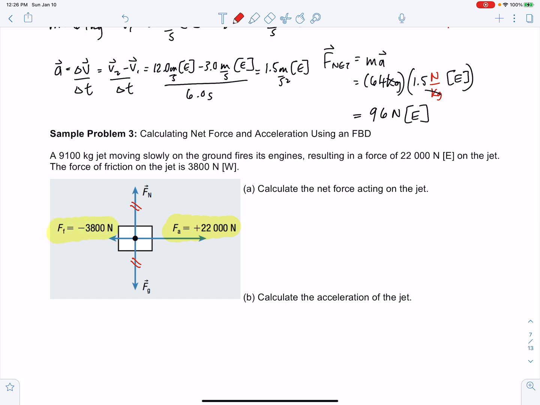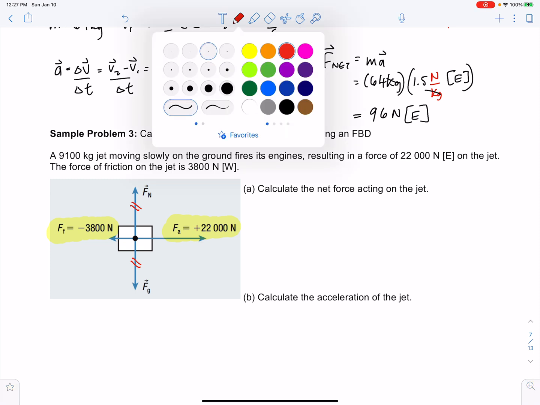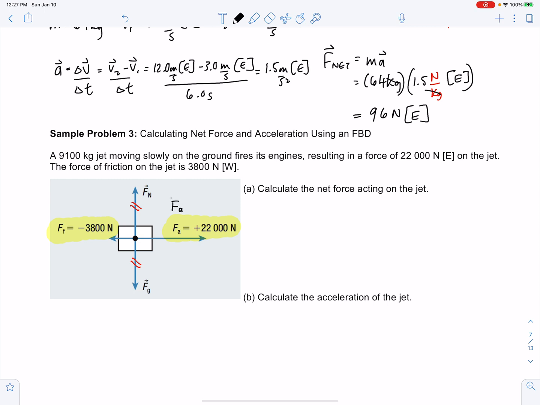Now, if you notice, we have expressed the force applied, which is 22,000 newtons east, as plus 22,000 newtons. And we've expressed the force of friction, instead of writing 3,800 newtons west, as negative 3,800 newtons.